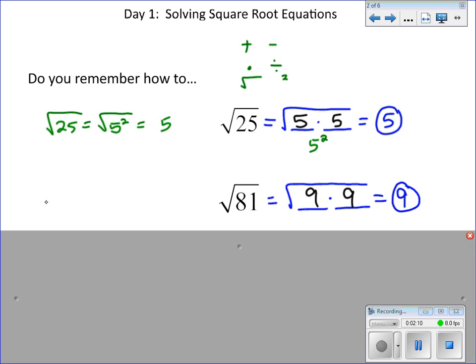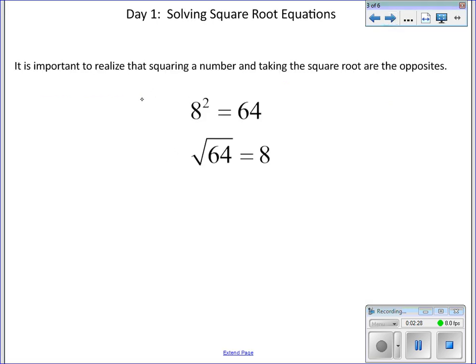Okay? So if we look at this with 81, the square root of 81 is going to equal the square root of 9 to the second power, because 9 to the second power is 81. And these two kind of cancel each other, and we're left with 9. So again, it's important to realize that squaring a number and taking the square root are the opposites.